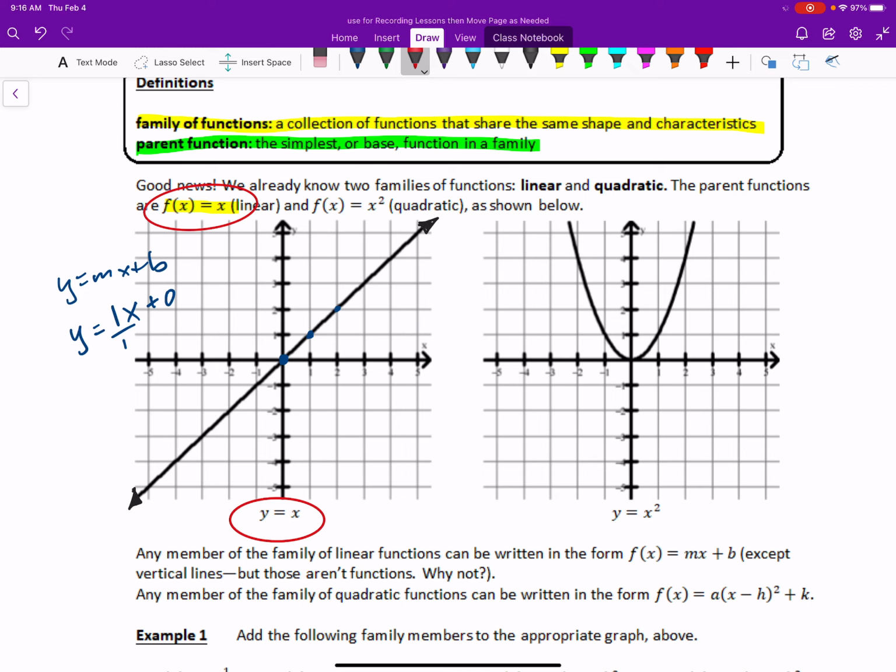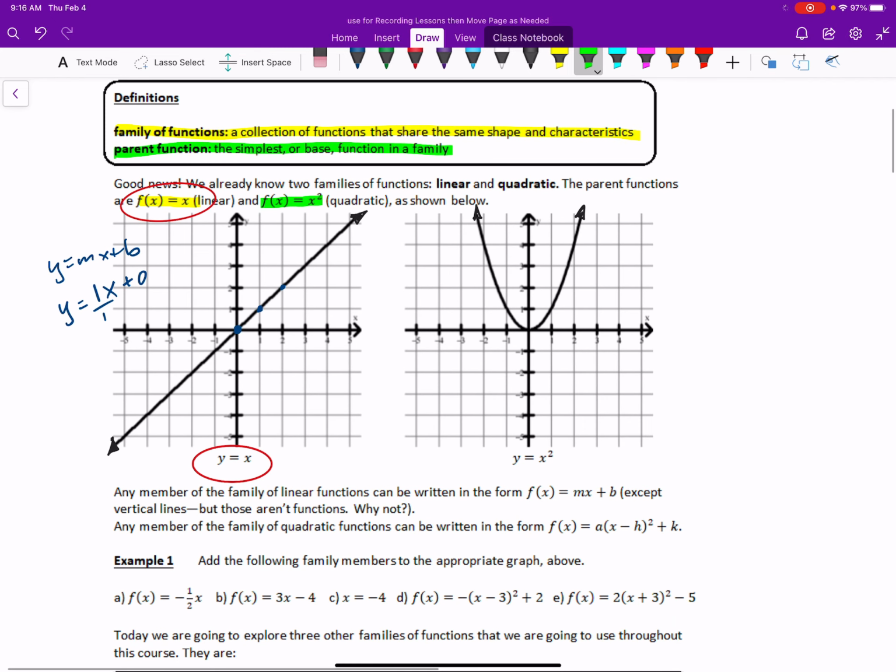The other one that we should be familiar with by now is quadratic. The most basic quadratic that we can have is f of x, or y, equals x squared. Maybe the easiest way to think about graphing a quadratic is a times (x minus h) squared plus k.